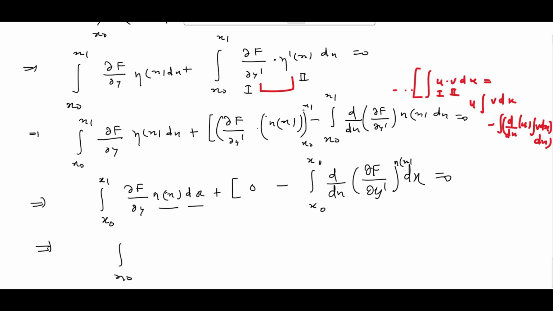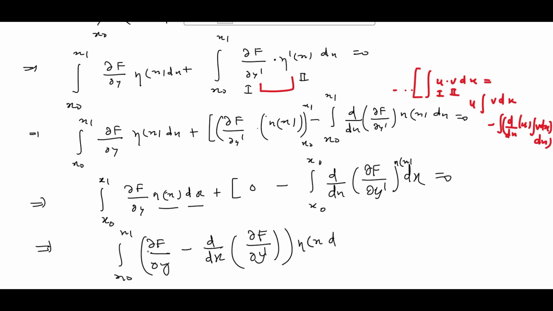So we will write here del f over del y negative d over dx of del f over del y dash, and here will be eta of x dx is equal to 0.